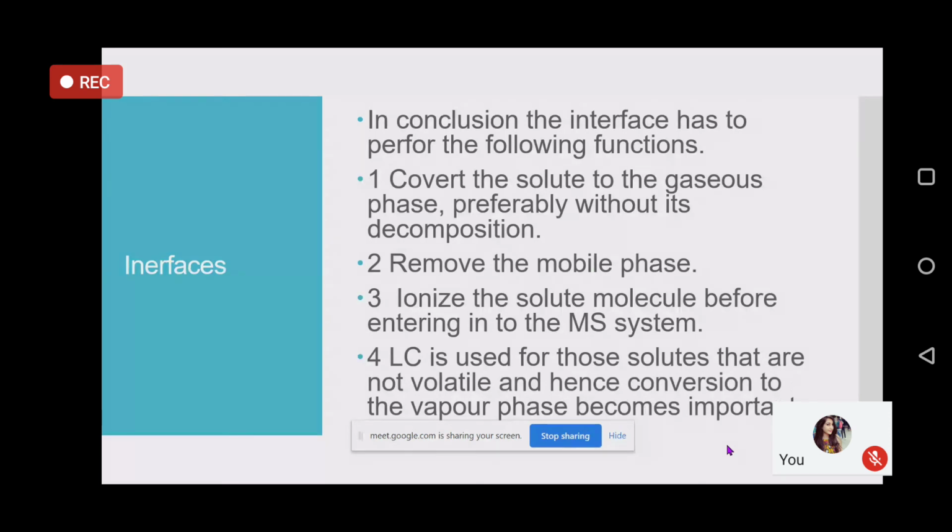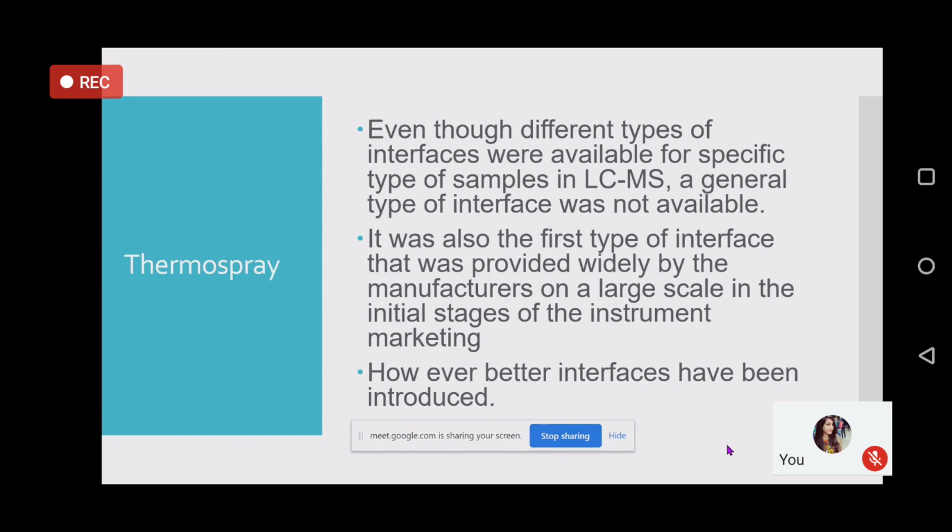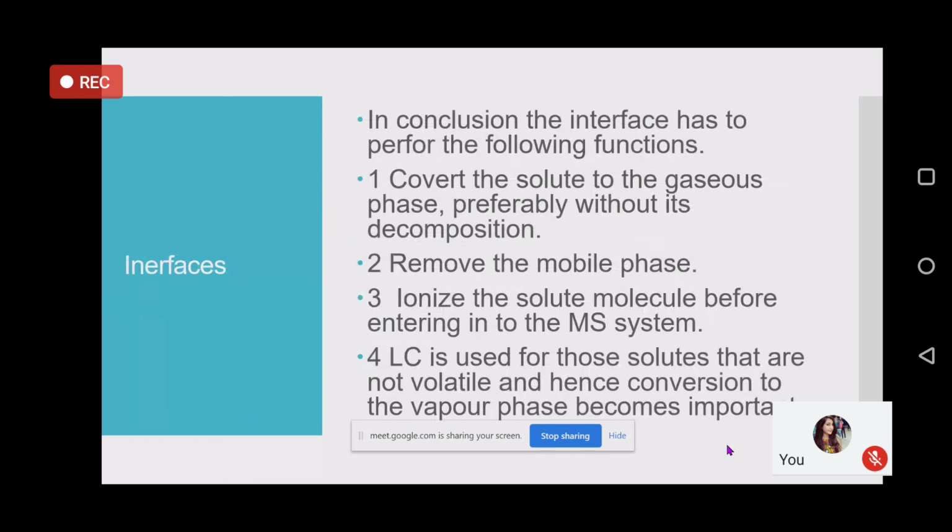LC is used for those solutes that are not volatile, and hence conversion to the vapor phase becomes important. That I already mentioned earlier. Even though different types of interfaces are available, I think we are starting with thermospray.